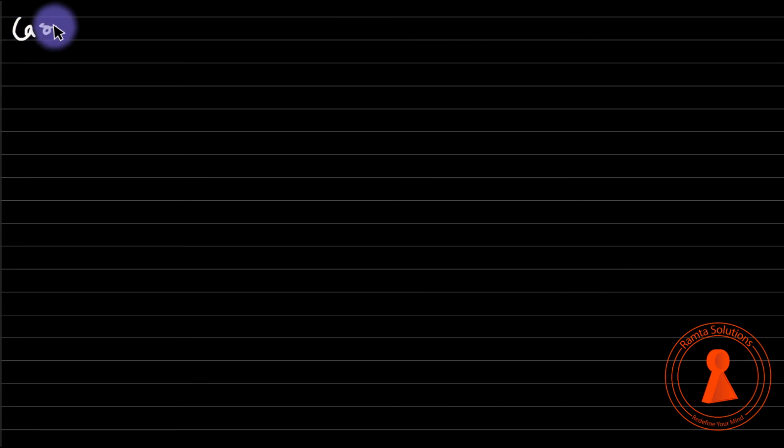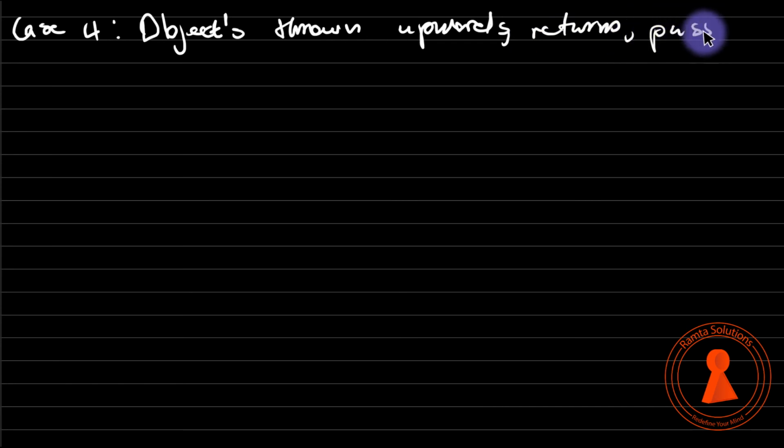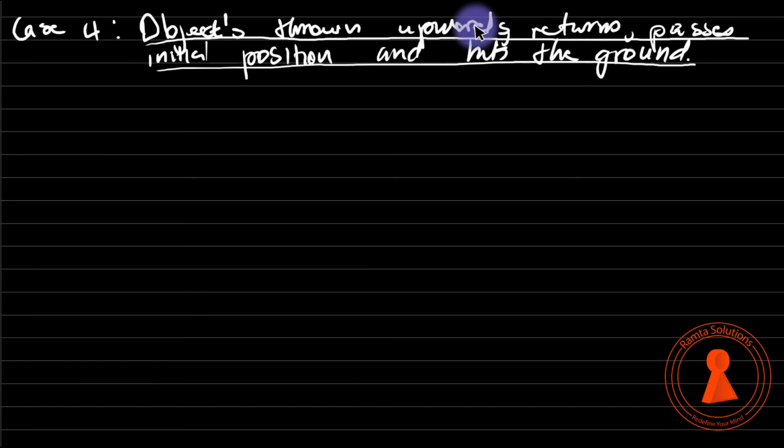Now, case 4. The object is thrown upwards, returns, passes the initial position, and hits the ground.